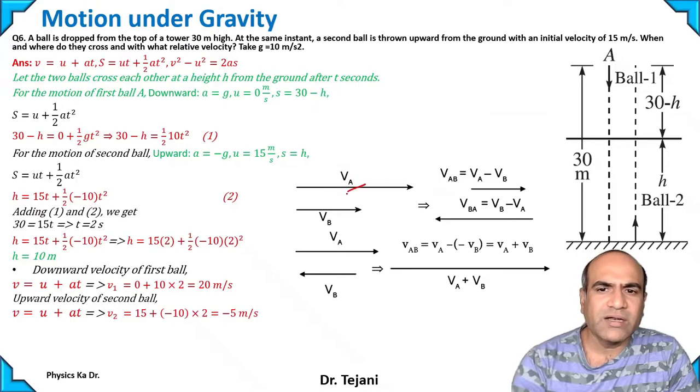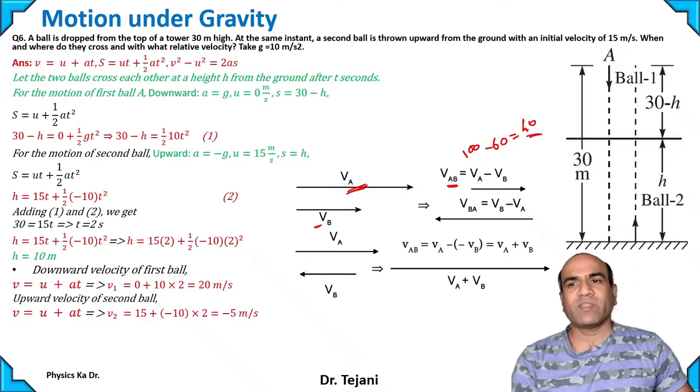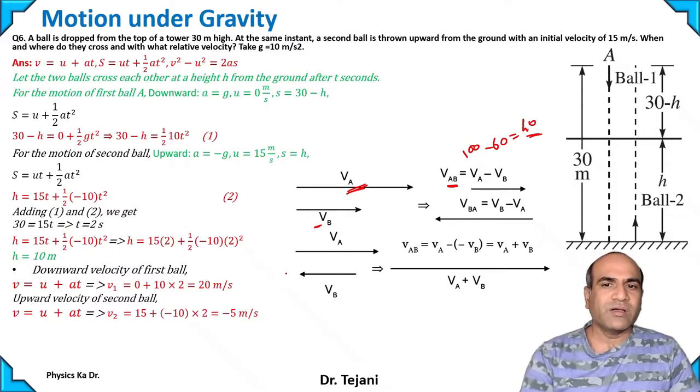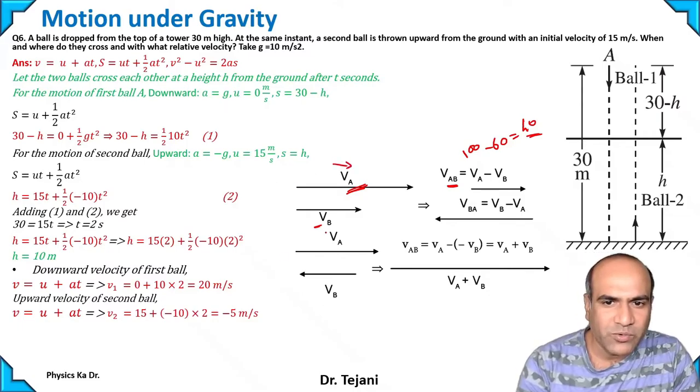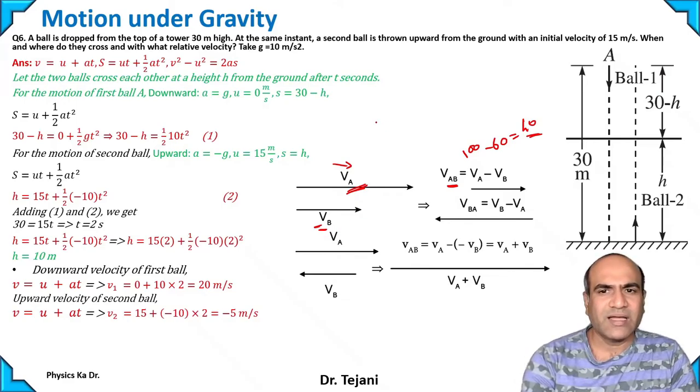So ultimately, don't go into the story, just understand this. If I want to find relative velocity with respect to B, it is VA, the original speed 100, minus this speed, say for example 60, so it becomes 40, the net velocity at which you are moving forward compared to B. You can observe similarly if you are driving a car and a person is standing outside.